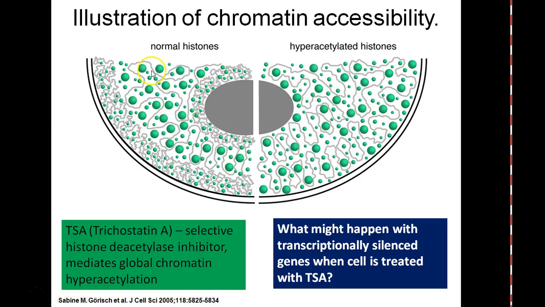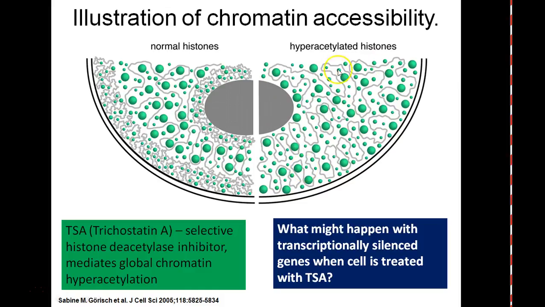And large macromolecules are only present in this more open euchromatin. And what's going to happen when we have a hyperacetylation of chromatin? So here we don't have those two fractions. The entire heterochromatin was converted to more open euchromatin structure.